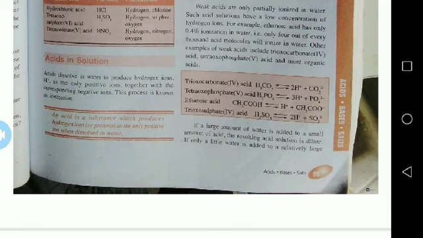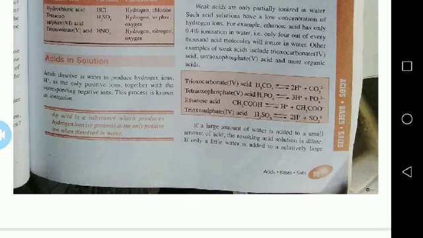So we went further to look at the action or the behavior of acid in a water solution. And we said that if acid is dissolved in water, it produces hydrogen ion as the only positive ion together with the corresponding negative ion.